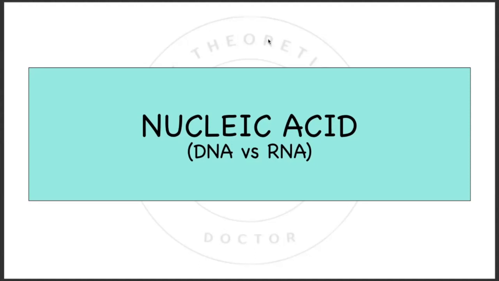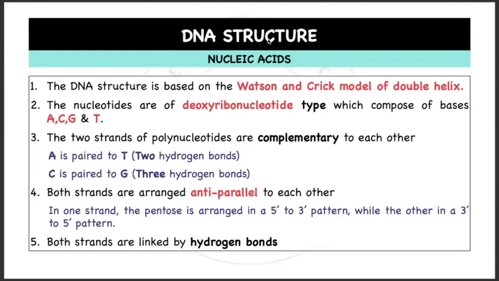In this video, we will be continuing nucleic acid, whereby we will dive into the differences between DNA and RNA, the DNA structure. DNA stands for deoxyribonucleic acid, and it is based on the Watson and Crick model of double helix. It's important to remember this, especially for exam.